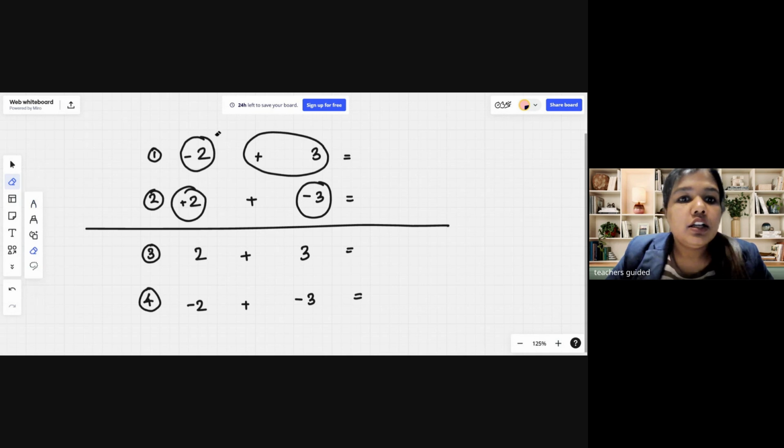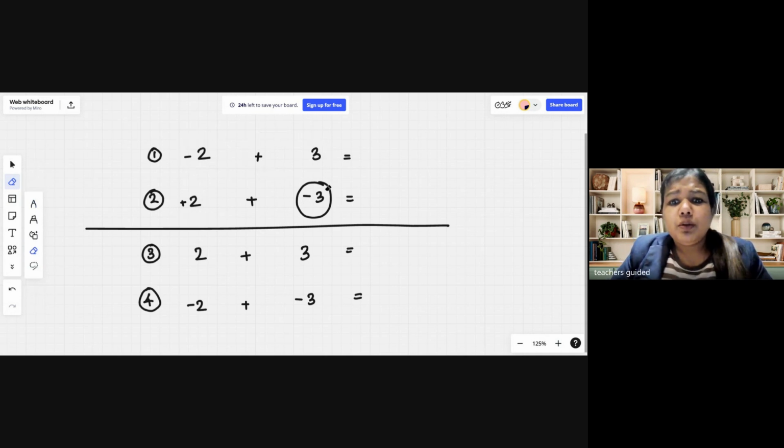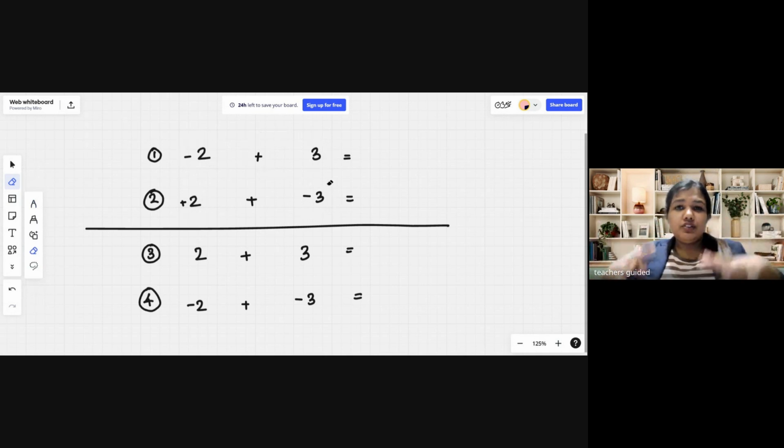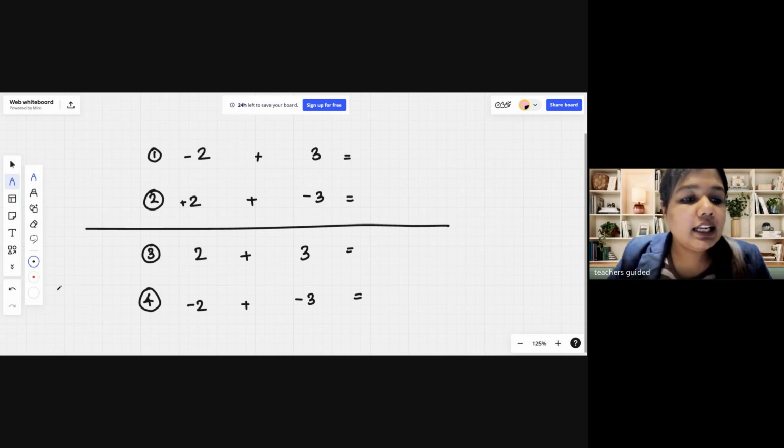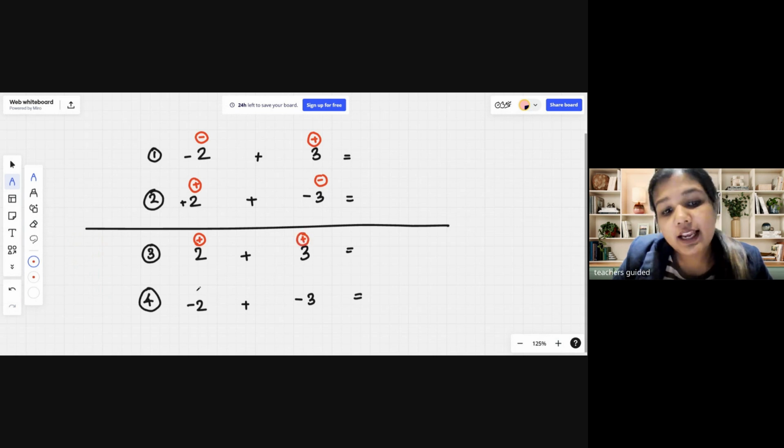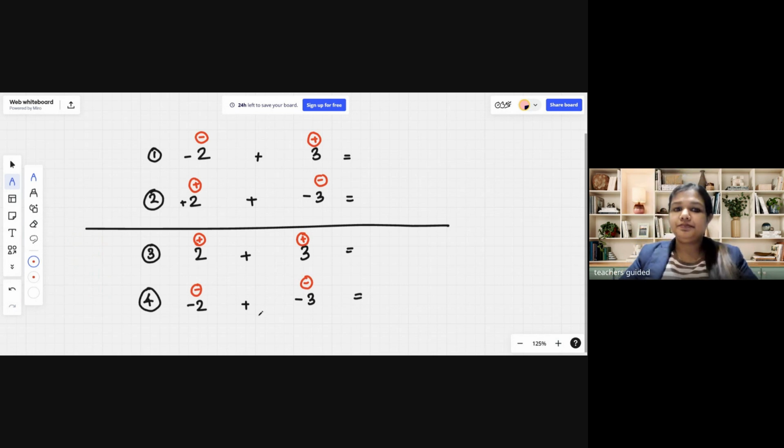I'm not complicating it a lot, so in very simple words, just look at the sign before the number. That's it. So in the first question, this 2 is minus, this is plus, and in the second, this is plus, this is minus. And if you look at the third question, this is a positive number, this is a positive number as well, and in the fourth, this is a negative number, and this is a negative number as well.